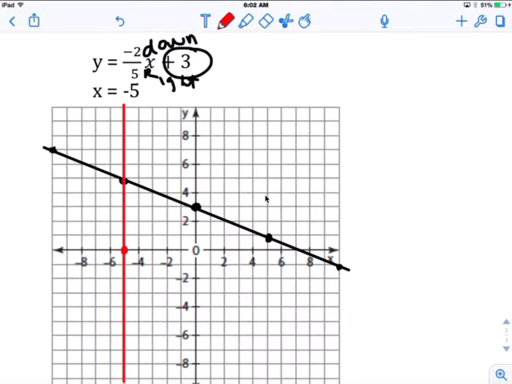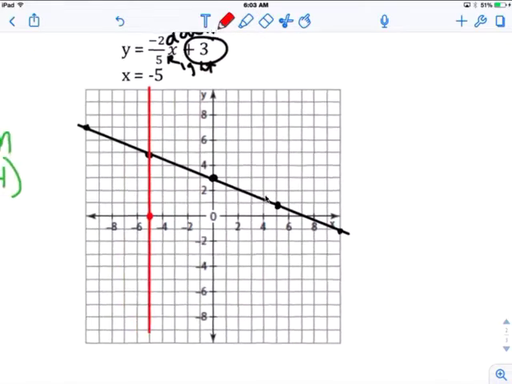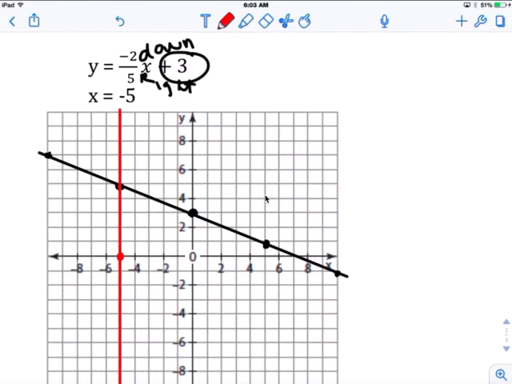I need to assign AA.2, 8th grade, for this type of stuff. If you're having trouble, go to AA.2, 8th grade. And this is also called one solution because they have an intersection.